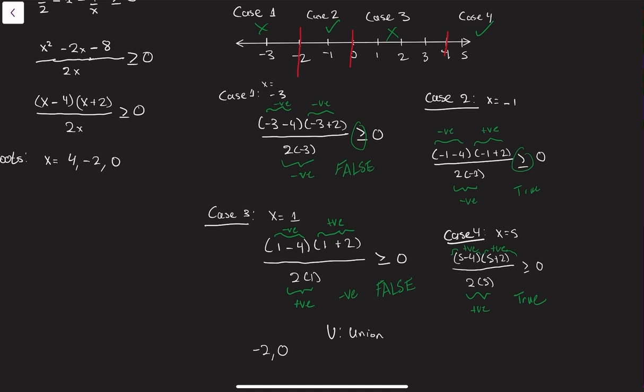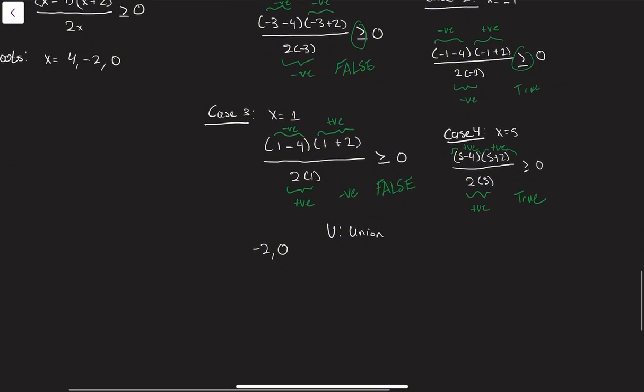So we can have different intervals broken up as long as they're set intervals. So the interval between -2 and 0 works, and the interval between 4 and infinity works. So we'll have a union 4 to infinity. And let's bring this down.